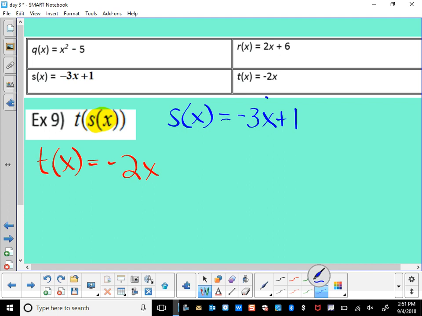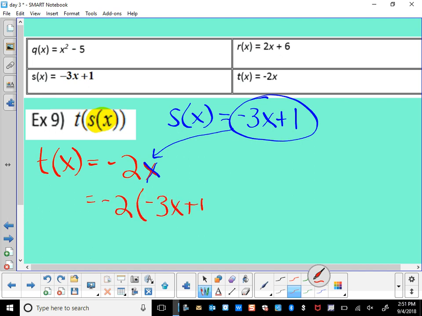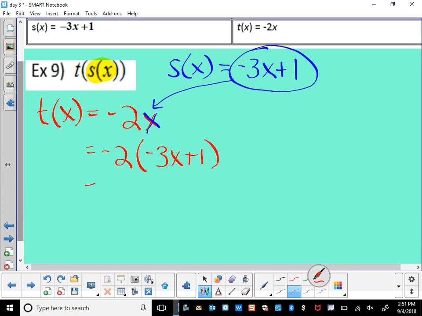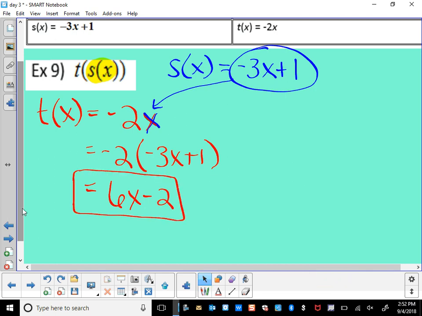So I'm taking this, plug it in, put it in parentheses so you don't forget to distribute. So you have negative 2 times negative 3x plus 1. When you distribute, you get 6x minus 2. Any questions?